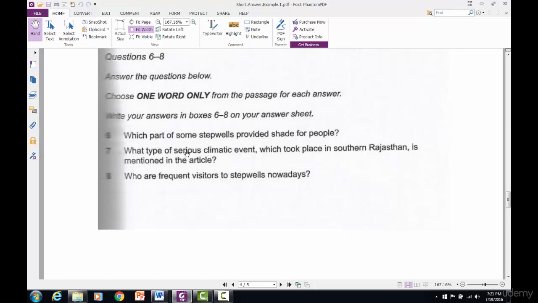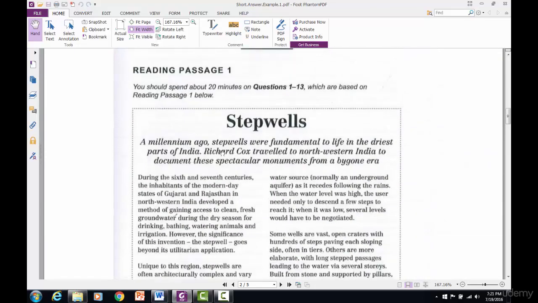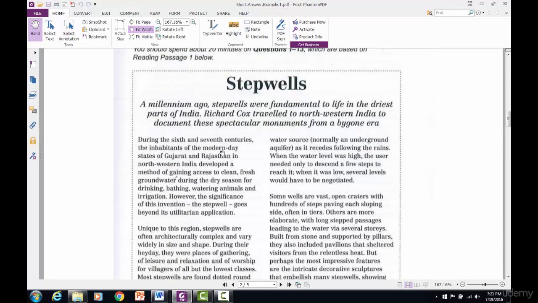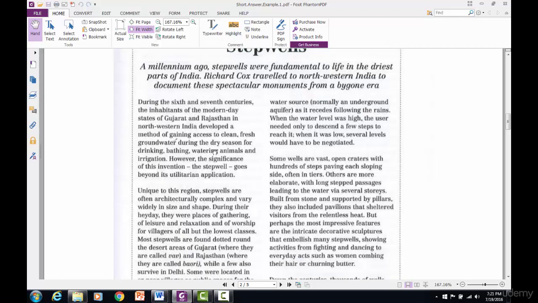But first, let's find number 7, the keyword Southern Rajasthan. It says, what type of serious climatic event took place in Southern Rajasthan? So when we find Southern Rajasthan, we're looking for a serious climatic event. All right, here's Rajasthan, but there's no climatic event here, and no climatic event in the next sentence. So we need to keep checking because Rajasthan might appear more than once.